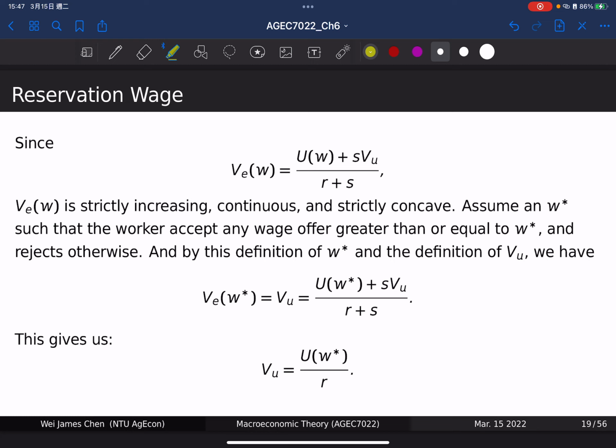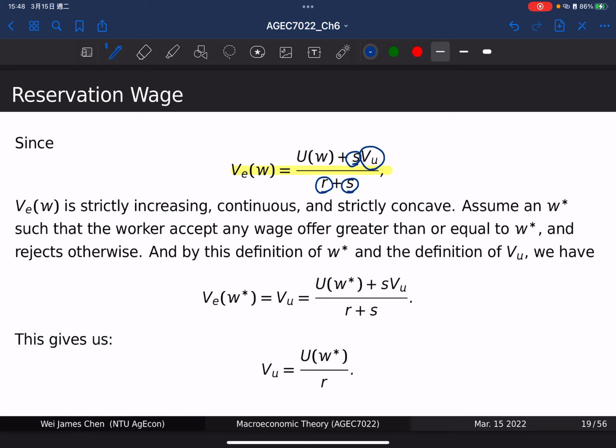And this is the same equation from the last page. Because R, S, and the VU here, I haven't proved that VU is really a constant, but think of it as a constant because it's not depending on W at least. Because you're unemployed, you're not receiving any wage offer, so it cannot be related to wage.